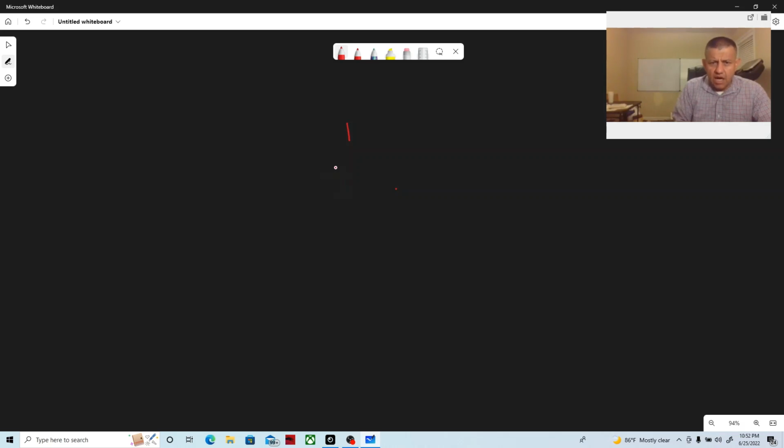And then from this, it will form a triangle-looking shape with ones at the edge. So it will look like this. So that will be one, and this will be another one and another one.